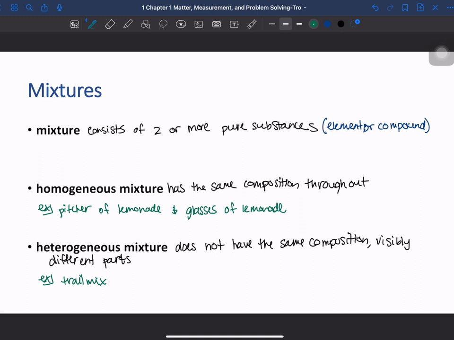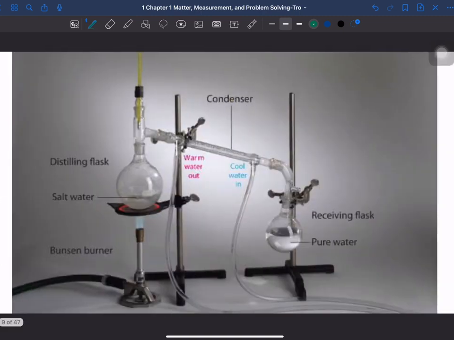Now, with mixtures, you can separate them through physical means. The first type of separation we can use is distillation. This is an example of a distillation where you have a distillation flask here.